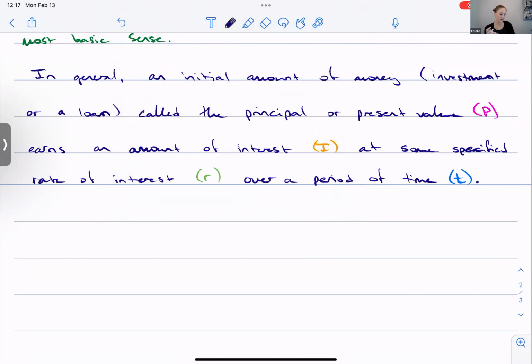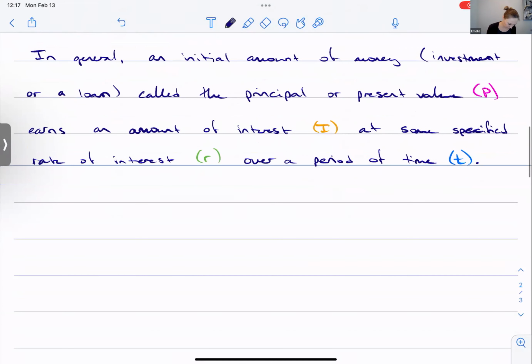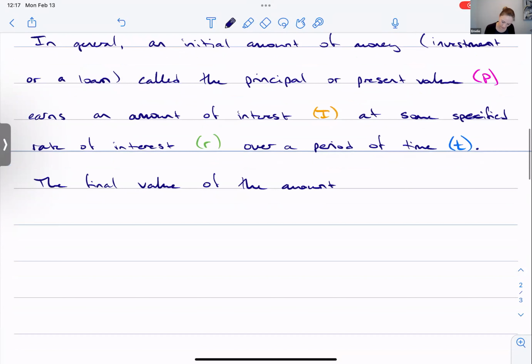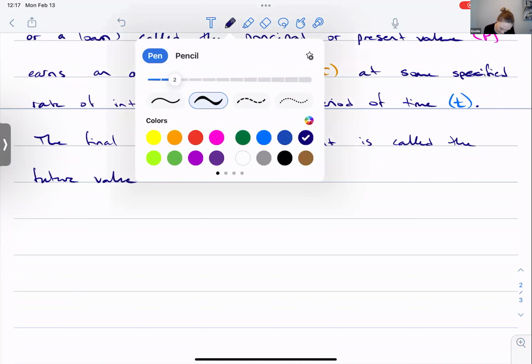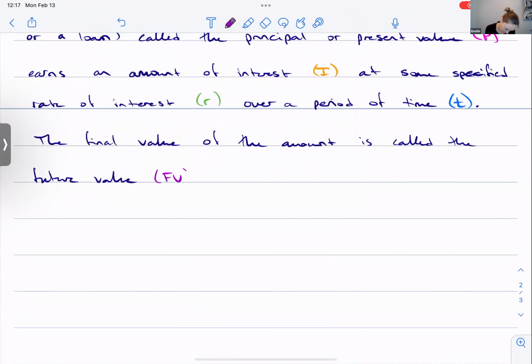Doesn't matter. The final value of the amount is called the future value. And the future value, I'll use maybe purple, we denote by FV.